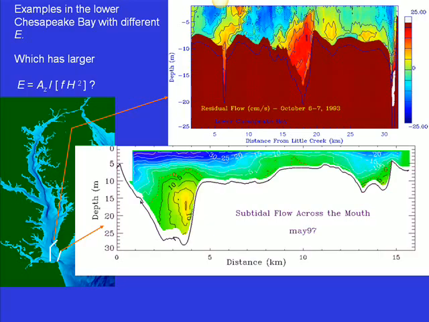And also, if you can think of the eddy viscosity, where would you expect more mixing? Over the deepest part, over the deep cross-section, or over the shallow cross-section? So according to that flow pattern, which would you say has a larger Ekman number? Or in other words, which has more friction, would you say? Yeah, that one. And which is the shallower one? This one or that one? This one.